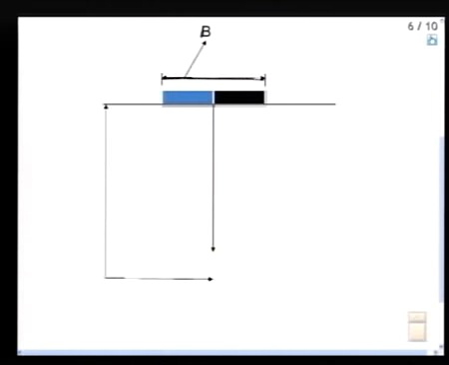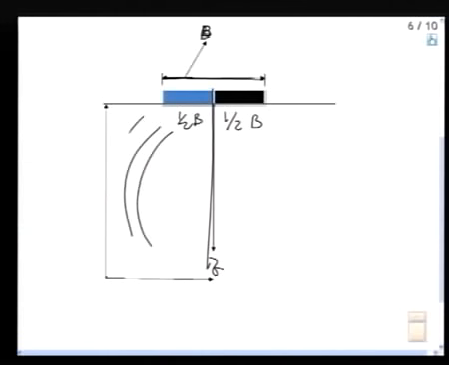So if we take the center of B, this will be half B, and this will be half B. So I will consider here a symmetry, half B and half B, and Z at the middle, at the center. The figure looks like this, and then I have lines like this.